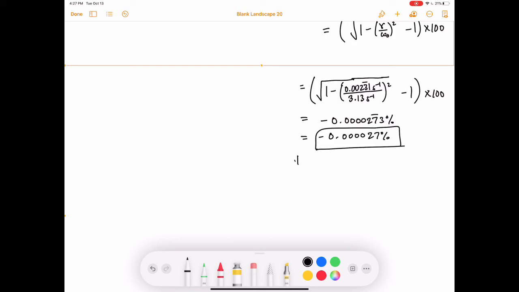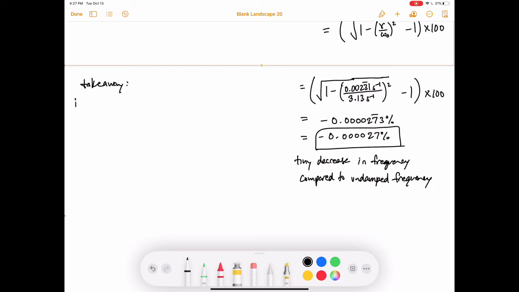So a tiny decrease in frequency compared to the undamped frequency in this case. So here's the takeaway point of this.